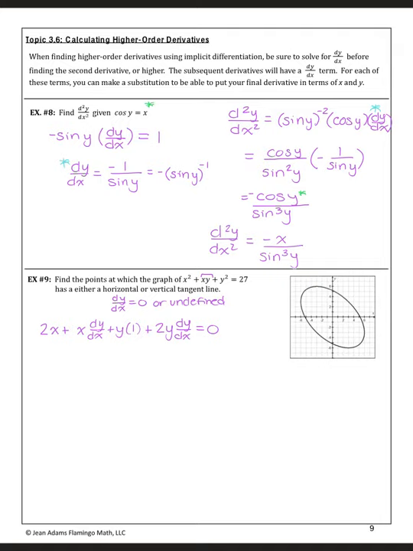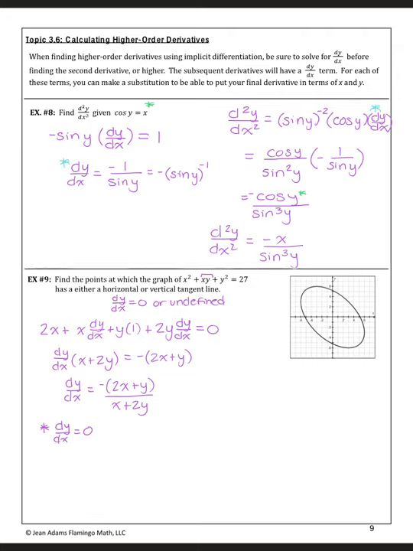So anything that does not have a dy dx can move over, and I will factor out a dy dx. So I get x plus 2y times dy dx is equal to negative 2x plus y. Divide, and you will get dy dx is equal to negative 2x plus y divided by x plus 2y. Now I'm looking at two different points here. I'm looking where dy dx is equal to 0.